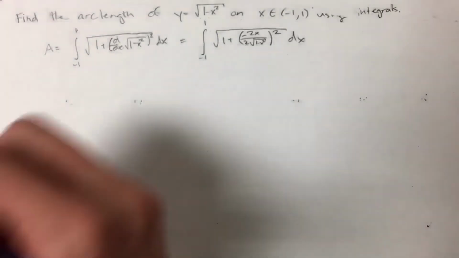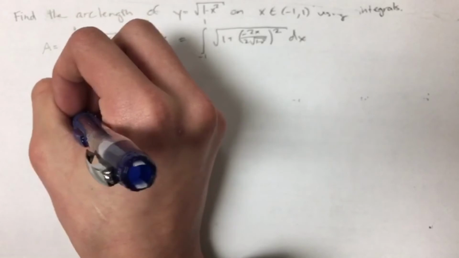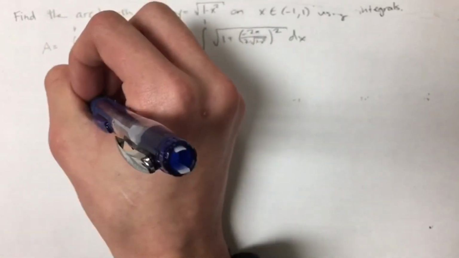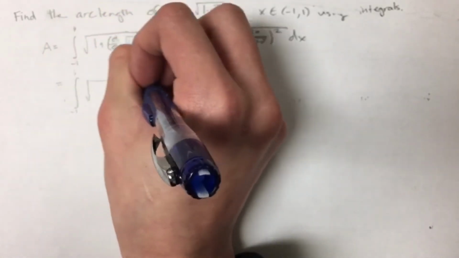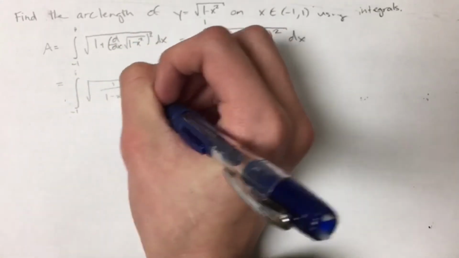To save some time, we will skip the algebraic simplification, which includes first squaring, then canceling out 4's, and then we rewrite 1 as 1 minus x squared over itself, and then combine like terms.